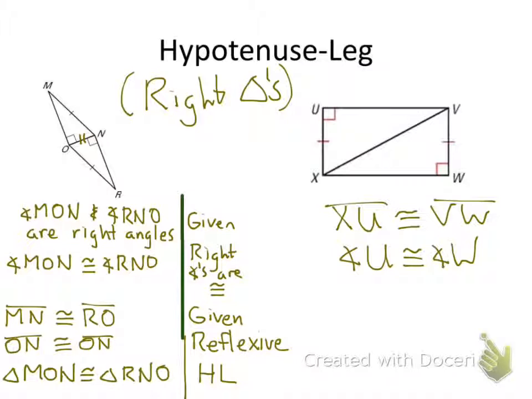Right now I have a side and an angle. Well, I know that XV is congruent to XV. That's the reflexive property. So just as before, we have right triangles, and we have the hypotenuse and a leg congruent. Don't fall into the trap here of saying, oh, I have two sides and an angle, so it's angle, side, side. That doesn't work. It should be hypotenuse leg.